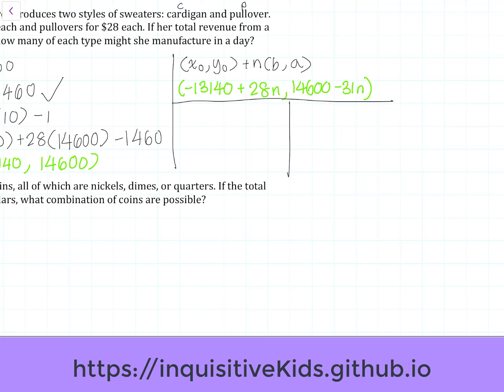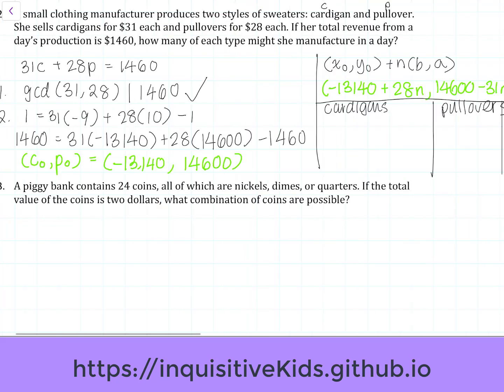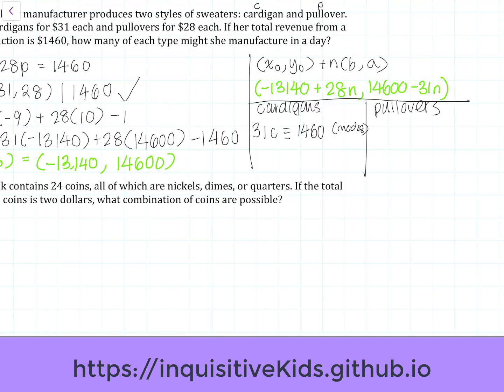Let's start by looking at cardigans. So by looking at cardigans, we know that 31c is congruent to 1,460 mod 28. To solve this, we can simplify it into 3c is congruent to 4 mod 28.